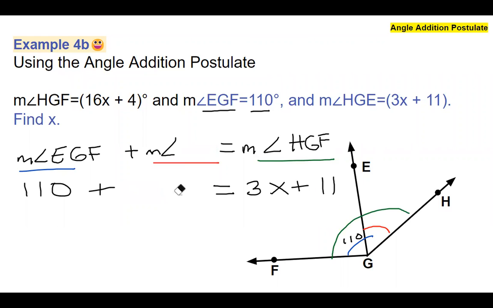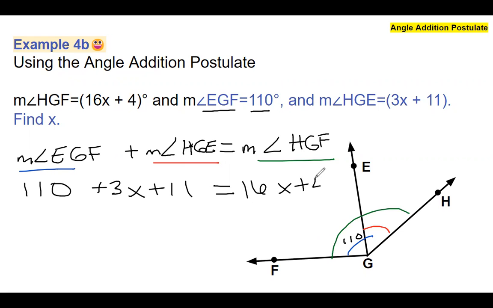I was writing it down and I was like, wait, that was the outside one. The expressions were just mixed up. Okay. There you go. 3x plus 11. 16x plus 4. Okay. Thank you, guys. Brenda, pass it on.